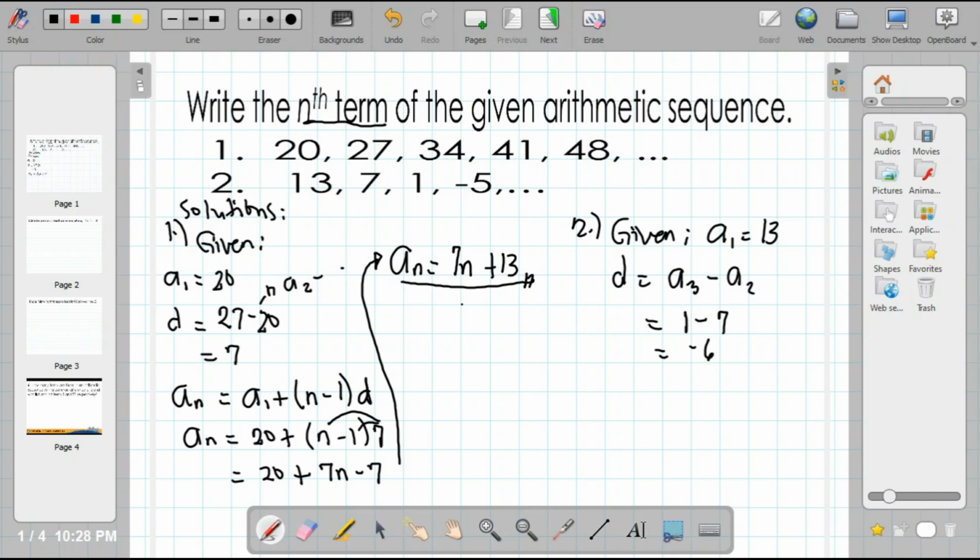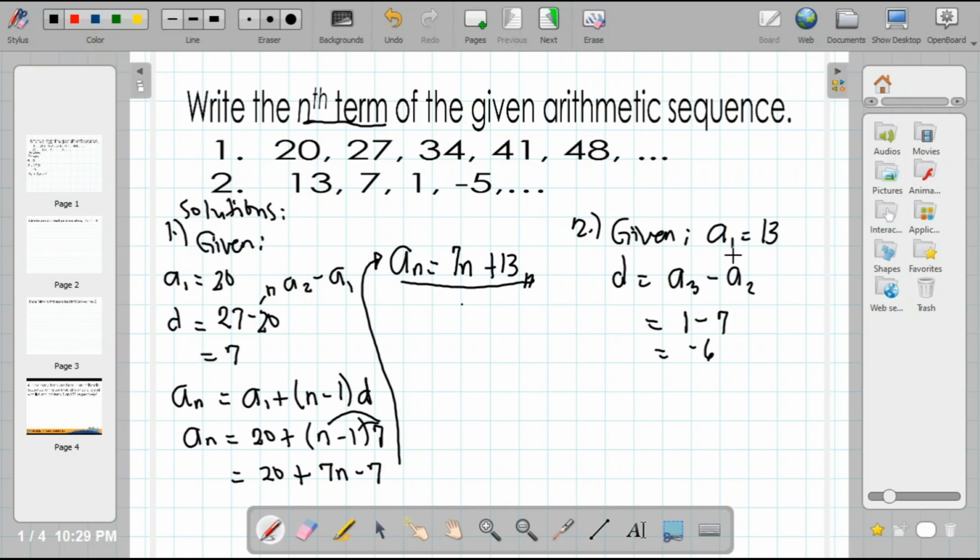Well, again, to find the common difference, you can pick any two terms as long as they are consecutive. It will be the same since this is an arithmetic sequence. So in this case, our common difference is equal to negative 6.